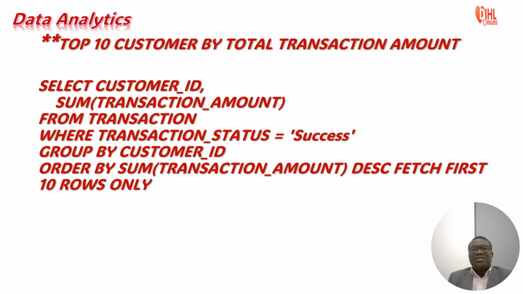Then we can also look at the top 10 customers by total transaction amount. So we say select customer ID, sum transaction amount from transaction, where transaction status equals success, then group by customer ID, order by sum transaction amount DESC, fetch first 10 rows only.